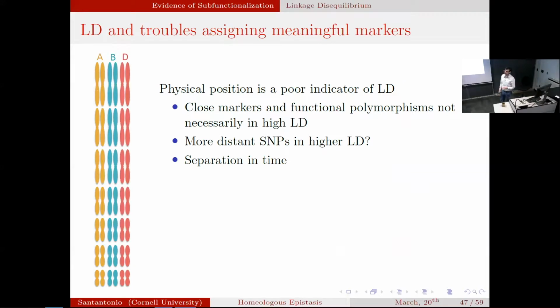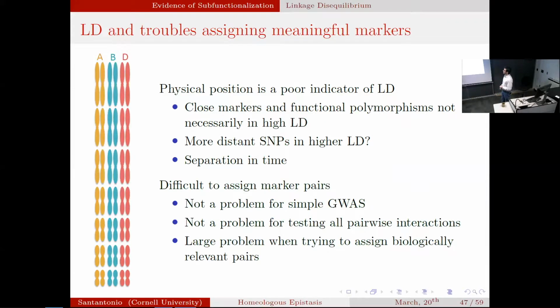Additionally, physical position is not necessarily a good indicator of LD, right? It's both position and the time of those mutations that indicate LD. I'm not going to go into this in too much detail, but there's also some difficulty in picking specific sets of markers to call homologous, given that we're just using physical position to assign these, as opposed to, say, linkage disequilibrium.